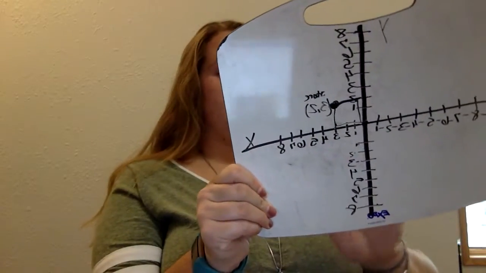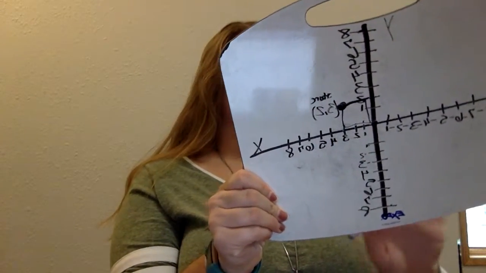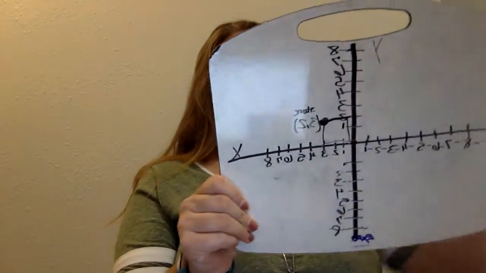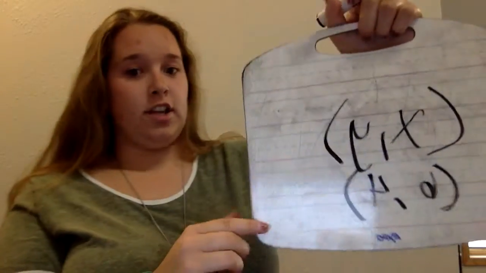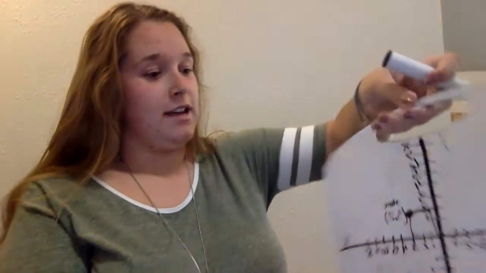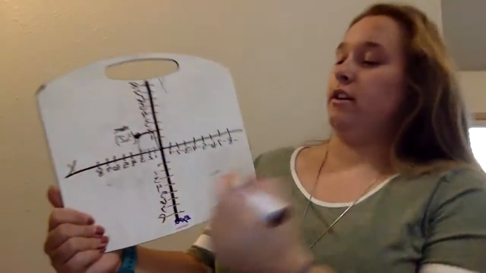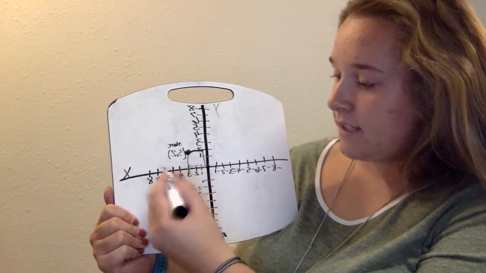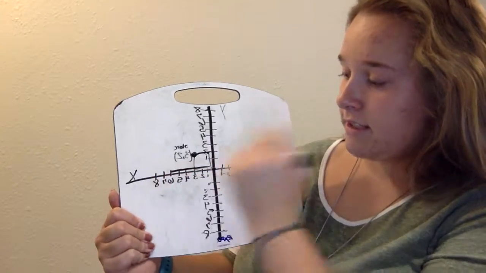Now the next ordered pair is going to be the park. We have 6 right here, so that's the first number. We're going to go over to our board and go over 6. 1, 2, 3, 4, 5, 6. Draw a line to 6.